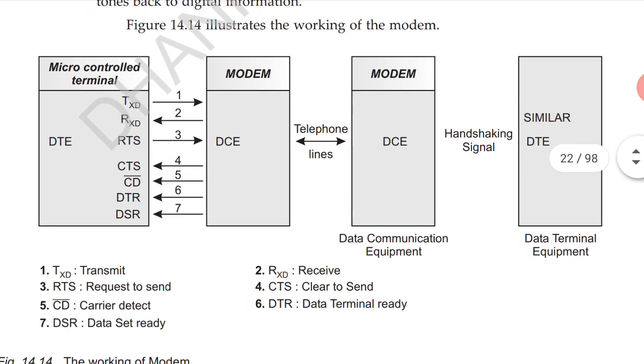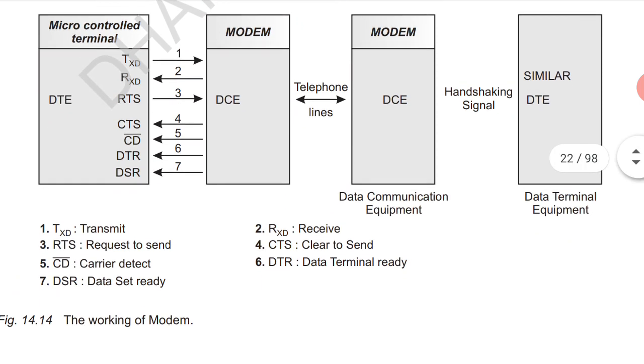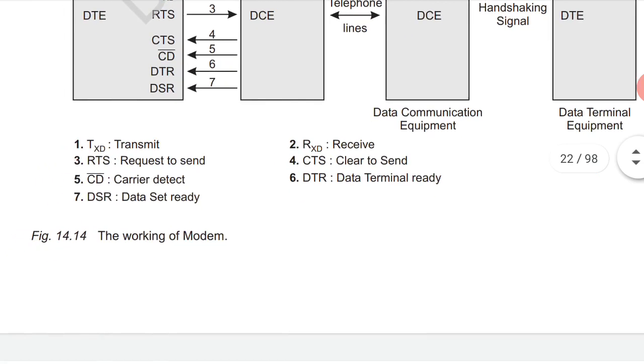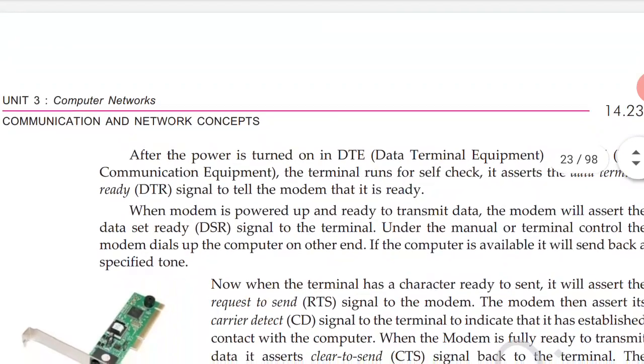We can see here the short forms expanded: RTS request to send, carrier detect, data set ready, receive signal, clear to send, data terminal ready, like this. So these are the indicators on a modem which tell the status of the modem.